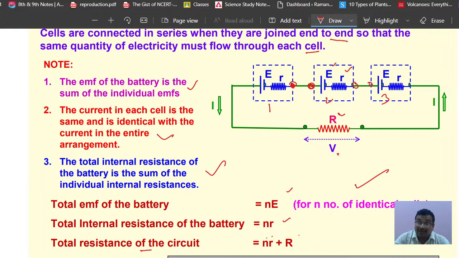When the internal resistance of a cell is negligible, a very small value compared to the external resistance, the cells are connected in series and we are getting maximum current.